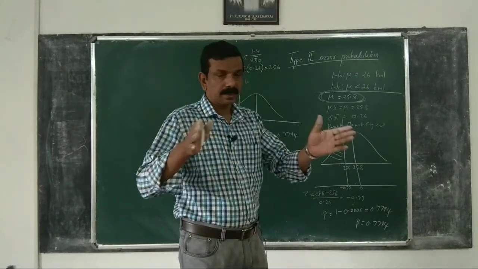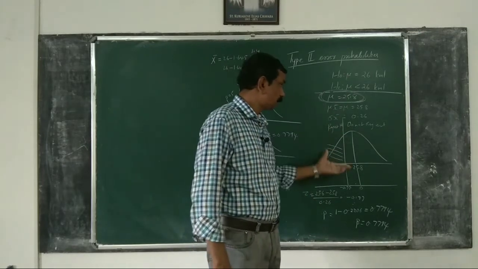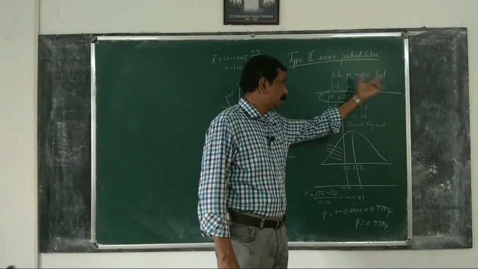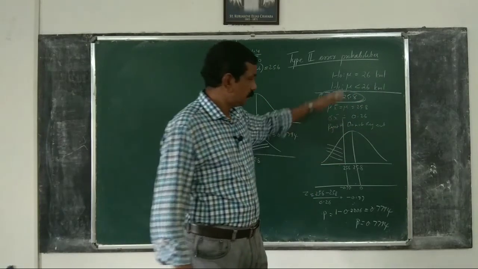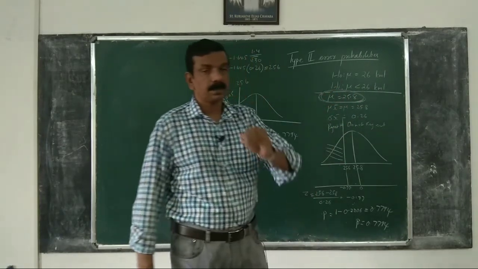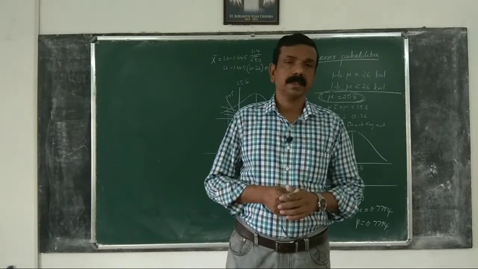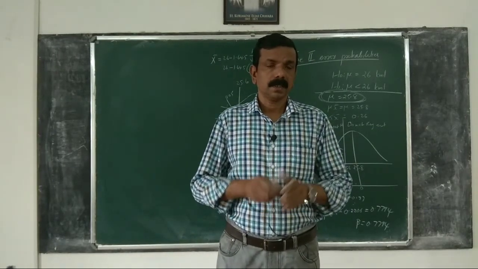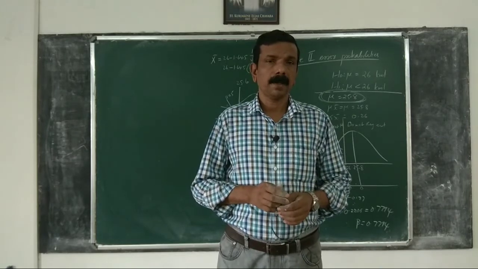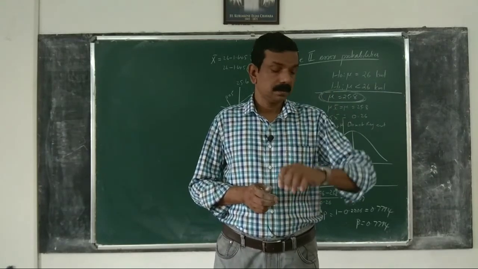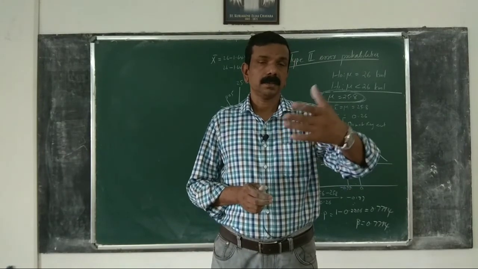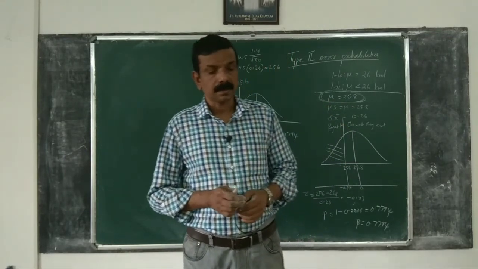And for a two tail test, we will specify values below and above 26, and we derive the corresponding probabilities of type 2 errors. And from this, we will derive what is known as the power curve. That is our next topic of discussion.